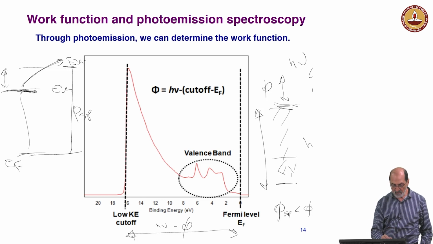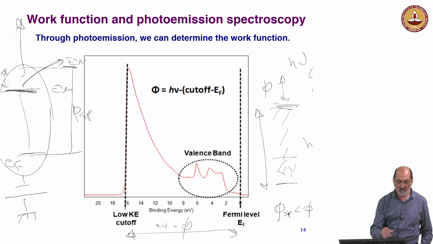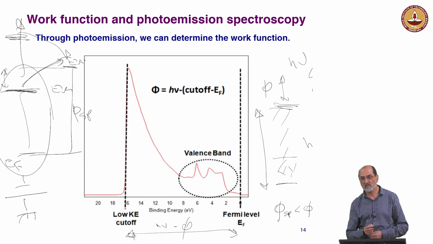So the solution to this is to take all this and put a bias. So I'm pushing everything up. In that case, if we push this up, the electrons that escape from the sample are always going to go to the spectrometer. To understand this clearly, you have to understand very well what the work function is.